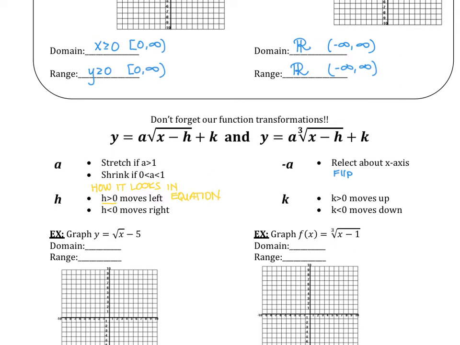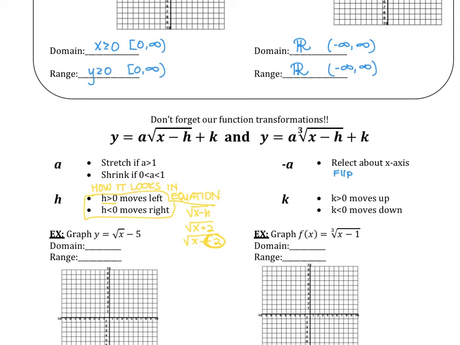Why is that? Well, that's because the equation should say x minus h. So if it appears like it says x plus 2, really what's happening is I'm doing x minus negative 2. So really the h is negative. It just appears positive in the equation. So I want you to make note that this is how it looks in the equation.